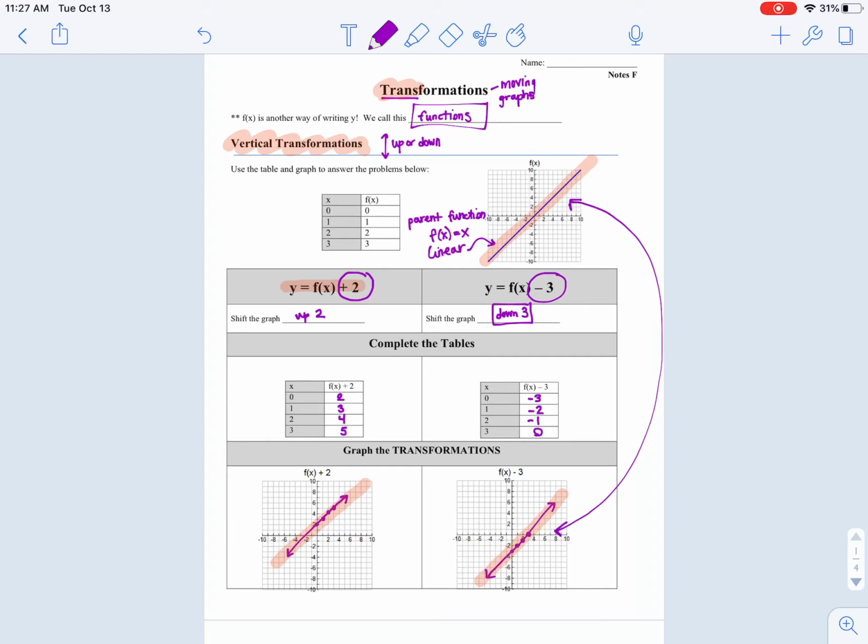So use the table and graph to answer the problems below. So our first initial graph is for us, and it's A. What type of function is this? Let's see here. So I'm going to ask you that question here. What type of function do we have drawn there?